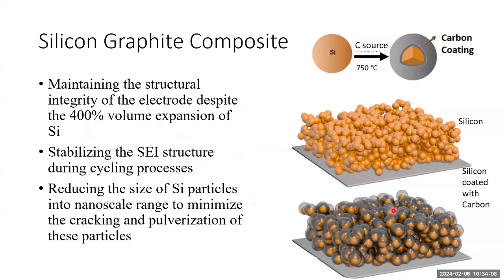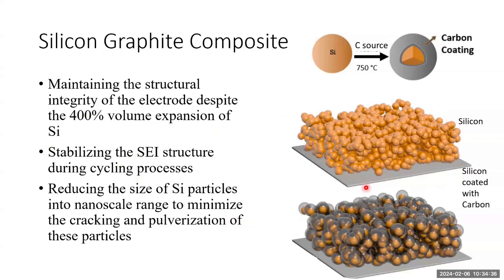You can reduce the size of the silicon particles to minimize the cracking and pulverization of these particles. So if you do this, you will get a very good silicon graphite composite with high capacity.